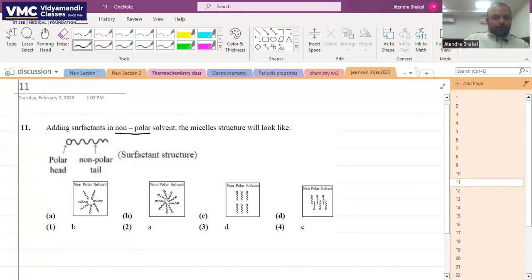So structure A is the correct representation for this condition. So option 2 is the correct answer.